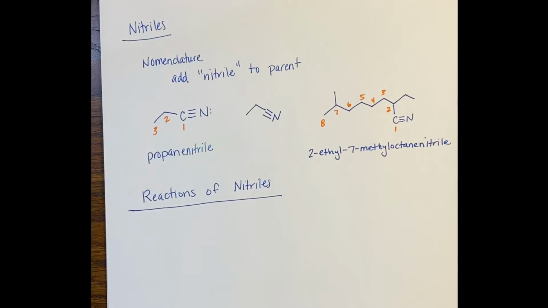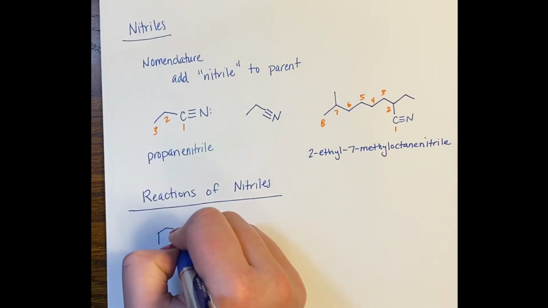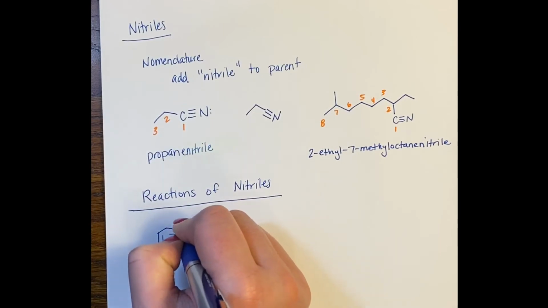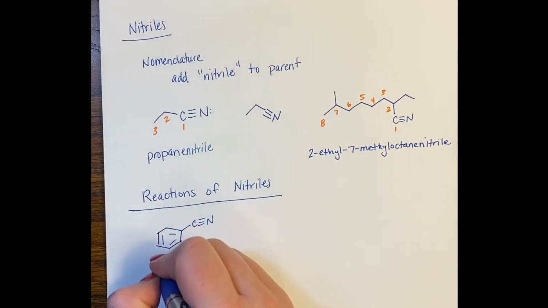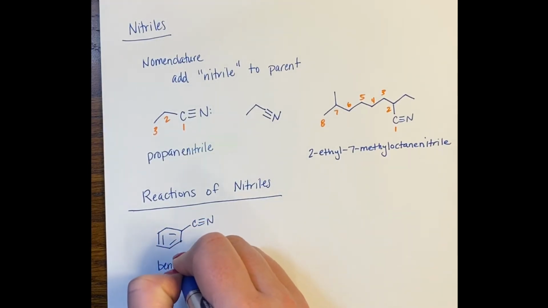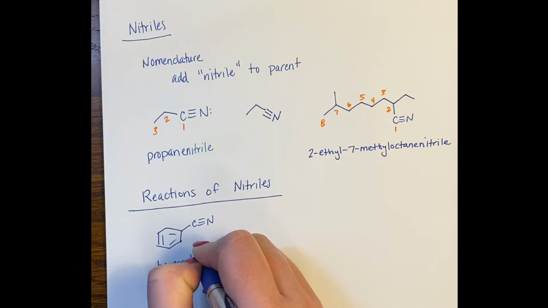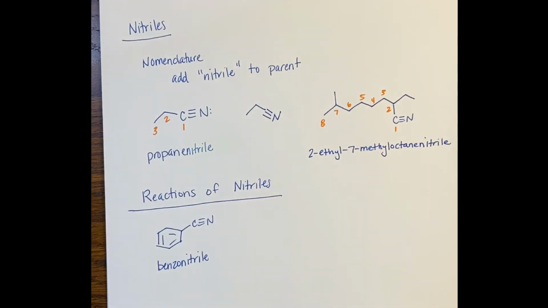For the reactions of nitriles, there's 2 reactions that we're going to talk about. If I have a nitrile like this one, remember, the name of this compound is benzonitrile. That was one of your common IUPAC accepted names when we talked about aromatic compounds.